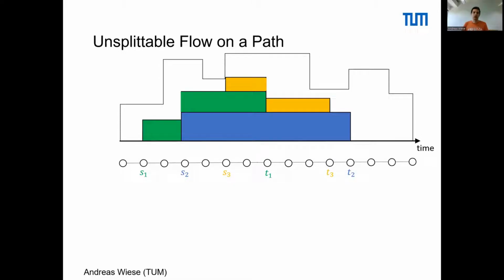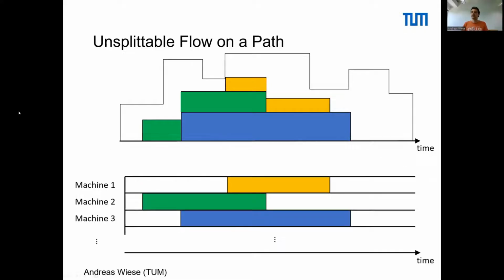Another application of this problem actually comes from scheduling, because you can think of this capacity profile as a profile of a given resource that is available to you, whose availability can change over time. So for example, energy or bandwidth that you might have, or the amount of workers that you have that work for you.